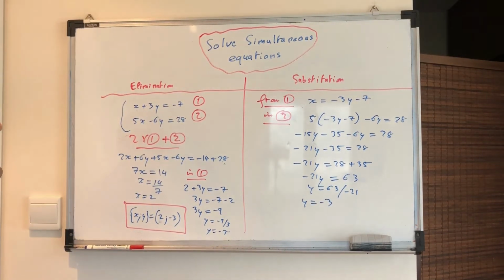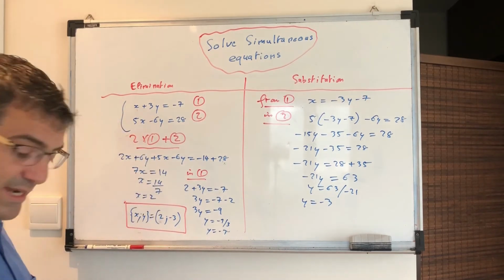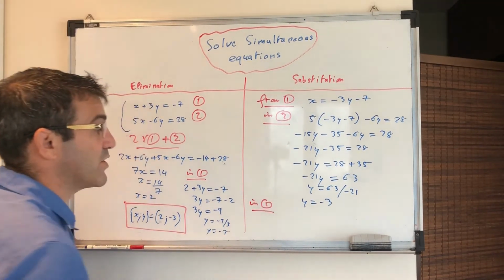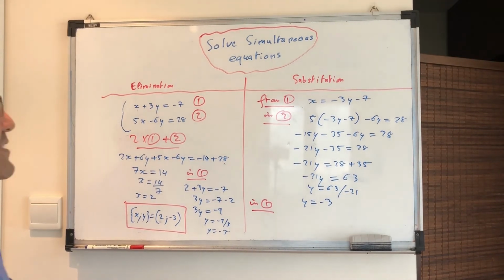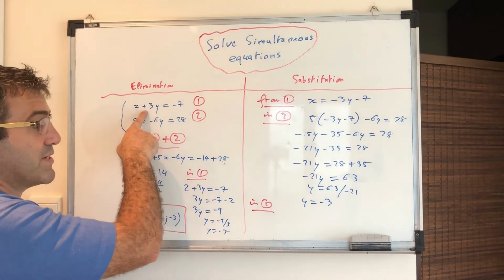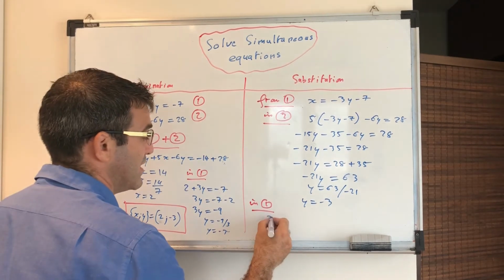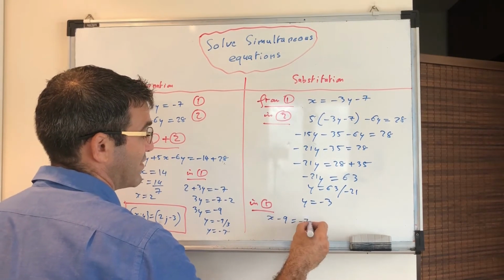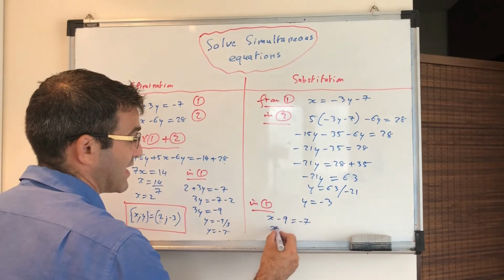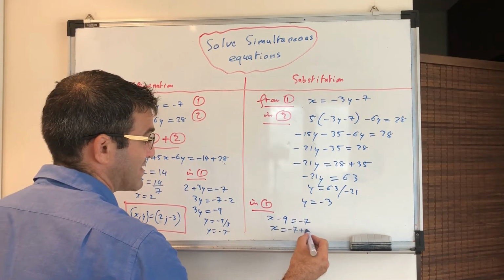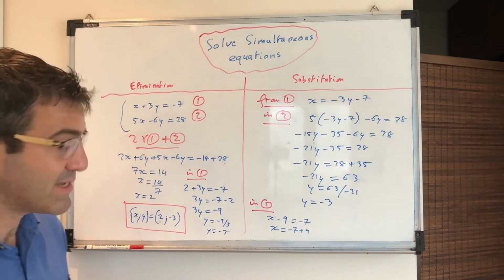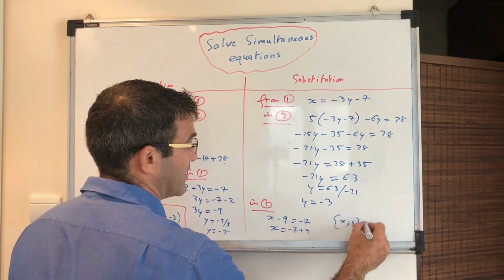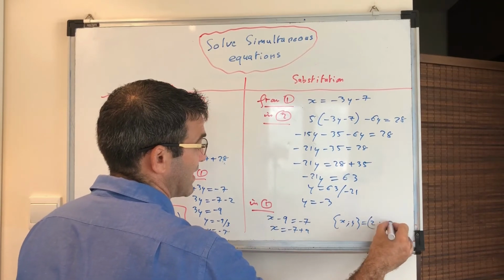Following the same steps as I did before, I can say in equation 1, if I know the y value, I can say that x plus 3 times negative 3, so x minus 9 is equal to minus 7, and if I move it to the other side, x equals minus 7 plus 9, and minus 7 plus 9 is 2, so I find the same two values, x, y equals 2, negative 3.